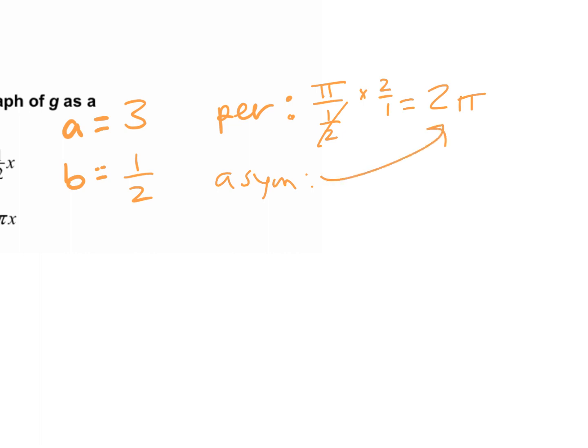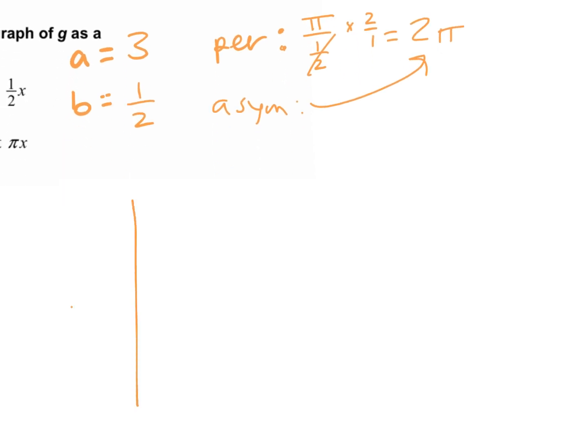It is the same thing as the period. So the asymptote and the period are the same thing for cotangent. So let's go ahead and graph our asymptote. So we're going to go to 2 pi, put our dotted line through there, and then our other asymptote is at 0.